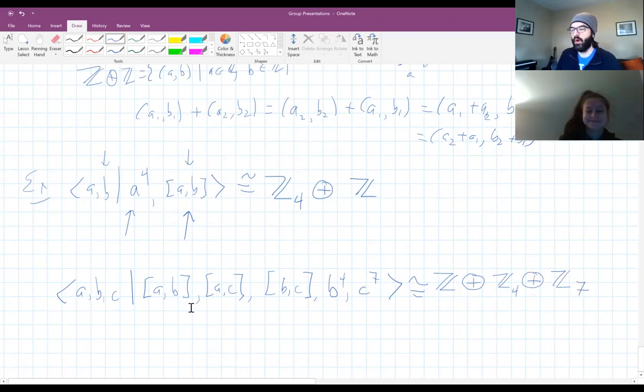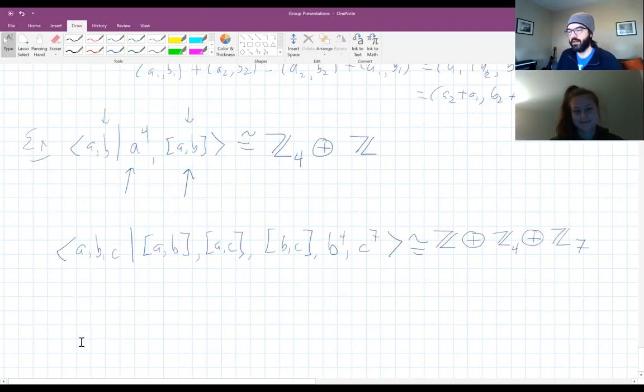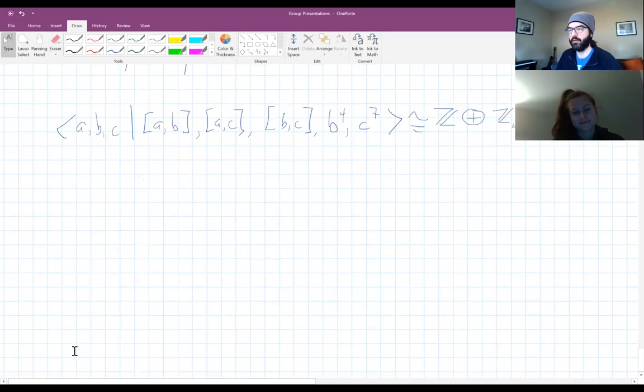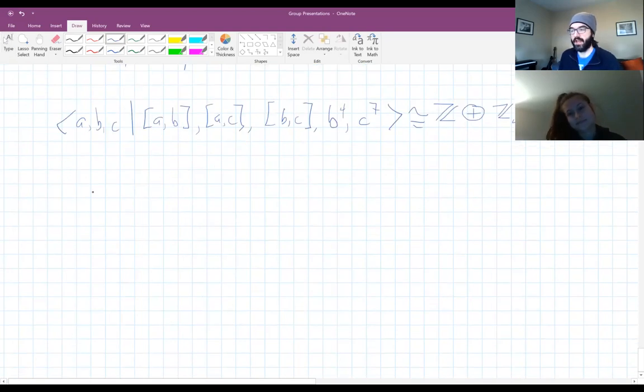Now, what I'm building up to here is an extension of a theorem you saw in abstract algebra, which is really important. So I'm going to write it in green. This is the fundamental theorem of finitely generated abelian groups.